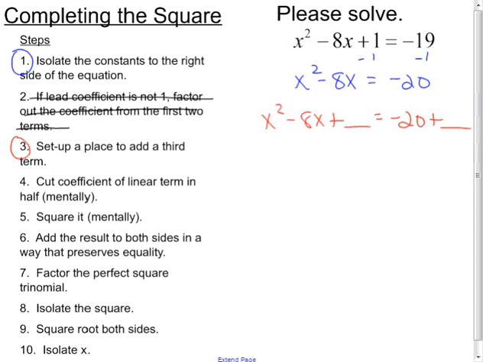Okay? So here we go, where it says step 4, cut the coefficient of the linear term in half mentally. The linear term is the one where the exponent for x is 1. So if I cut that in half mentally, I get negative 4. And in step 5, it says to square it mentally. So I'll square negative 4 and get 16. And then it says add the result to both sides in a way that preserves equality.